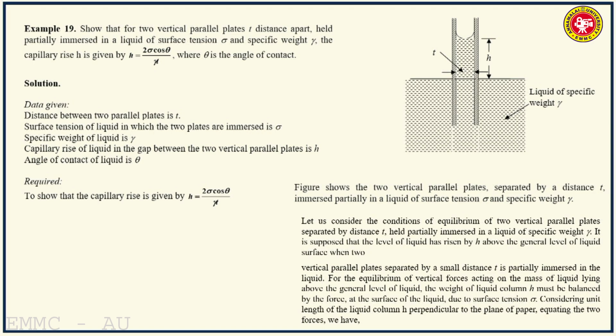The distance between these two parallel plates, that is t, they are held partially immersed in a liquid of surface tension sigma and specific weight gamma. You have to show that the capillary rise is given by H is equal to 2 sigma cos theta by gamma t, where theta is the angle of contact.